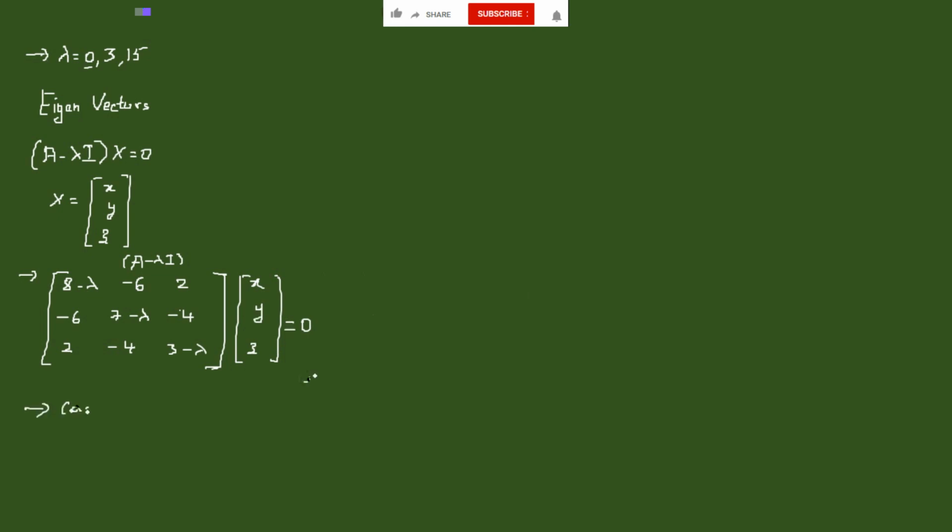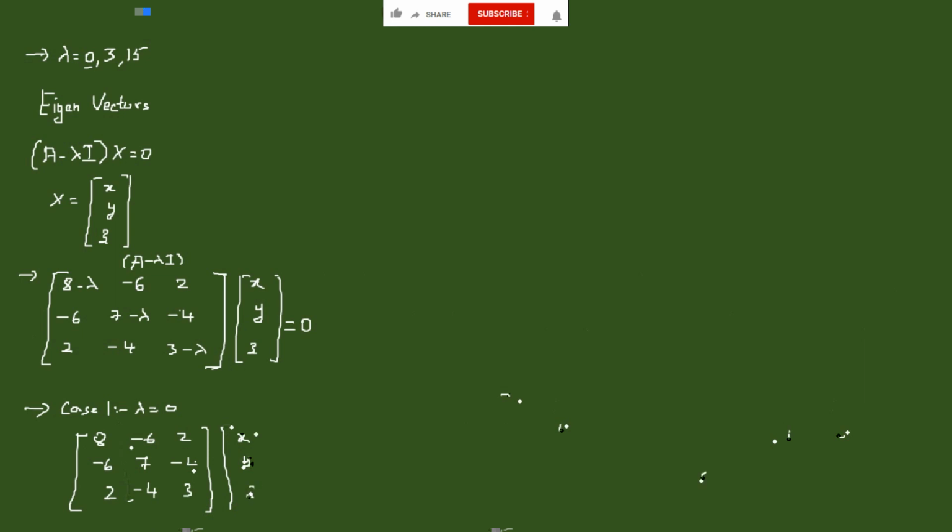Now come to case 1, where lambda is equal to 0. So just substitute the values here. We get 8, minus 6, 2; minus 6, 7, minus 4; 2, minus 4, 3, times x, y and z is equal to 0.